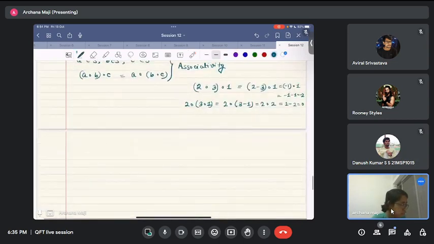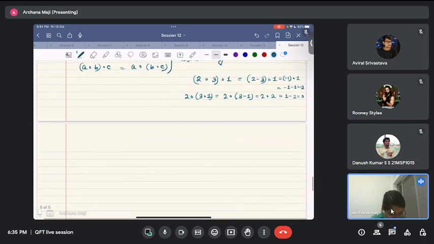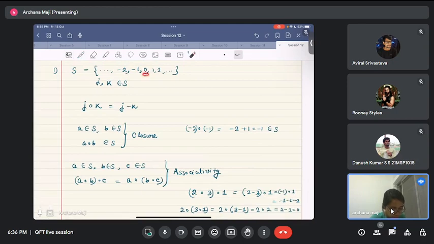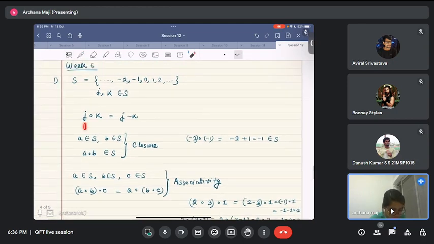Okay, so having said that, now the other property is existence of identity. Whether there exists any identity for that set. If there is an identity, it would mean that E of A should be equal to A of E and that should give you back A. So you might think that 0 is an identity, because when you take an element j and operate it with 0, you will get j minus 0, which is j, right?